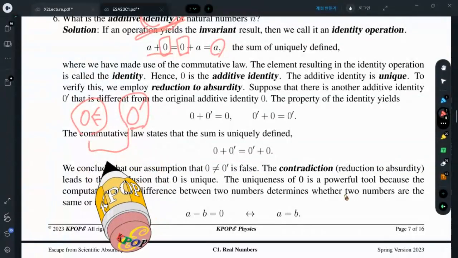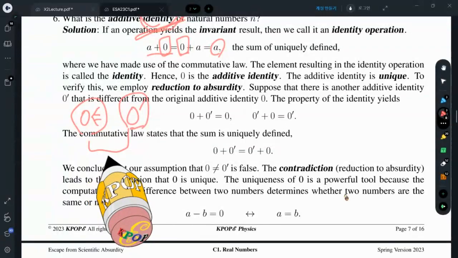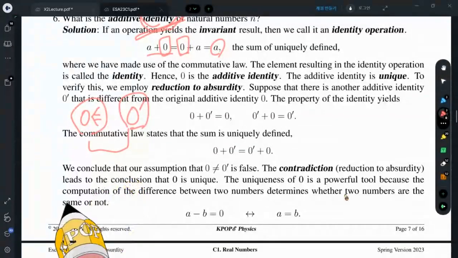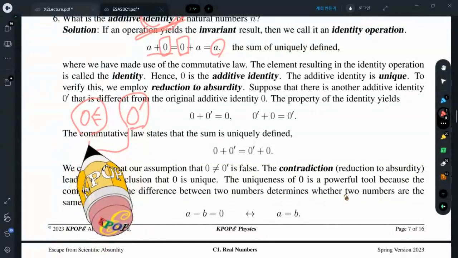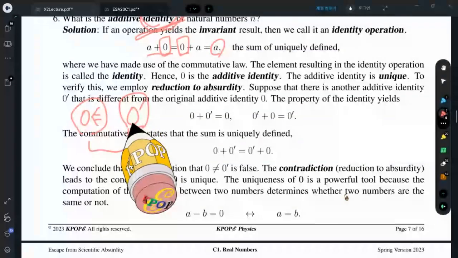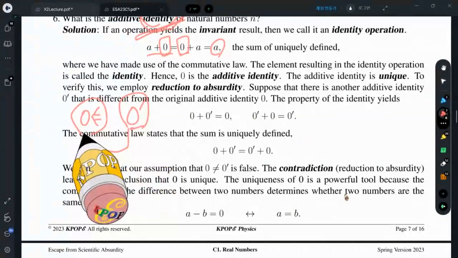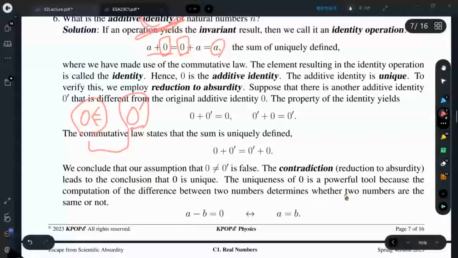Let's see if he's making any mistake or not. So just let us follow his claim that 0 prime is another additive identity that is different from the original one that is called 0.